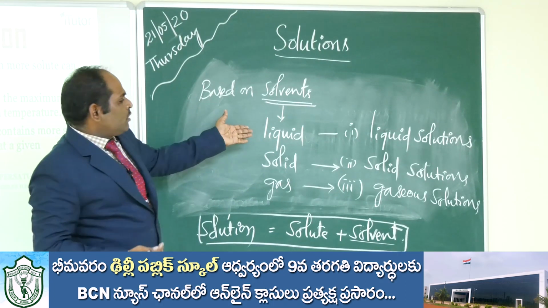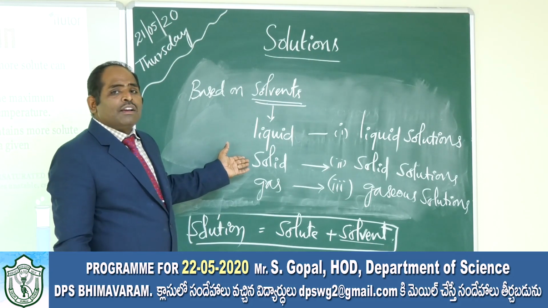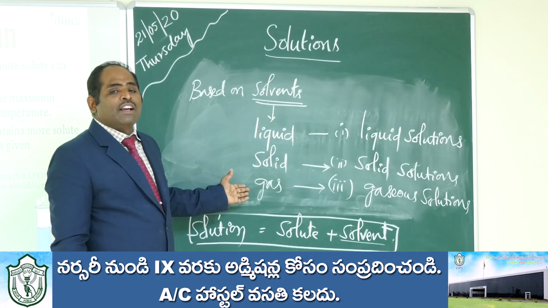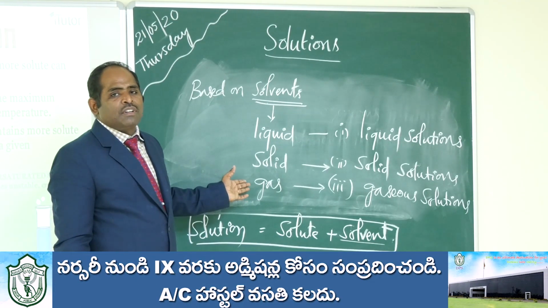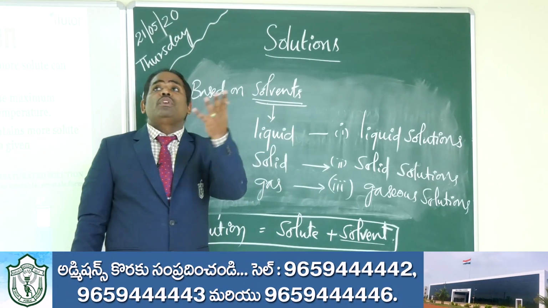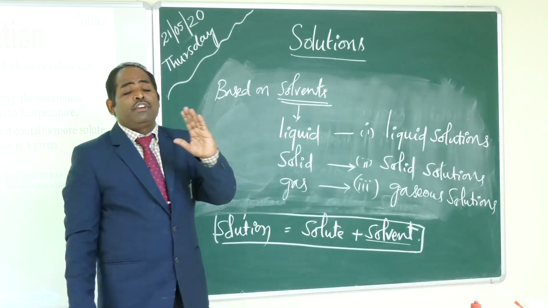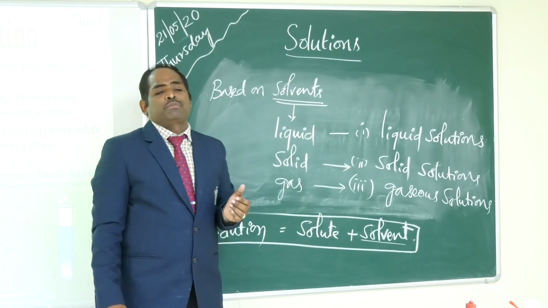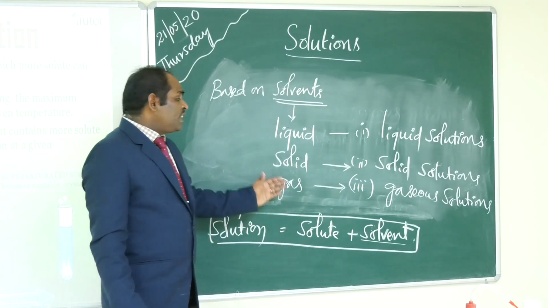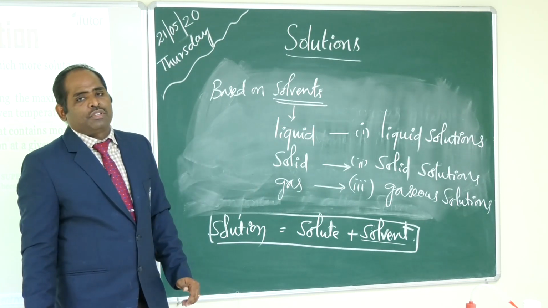So liquid solutions, salt plus water; solid solutions, copper plus gold; and gaseous solutions are air, carbon dioxide, oxygen, nitrogen, helium, hydrogen, all the components in a homogeneous mixture. That's why you are unable to see the different gases in the air. You cannot separate it because it is a homogeneous mixture. All the gases are mixed together. So that is a gaseous solution. Liquid solution, solid solution, and gaseous solution.